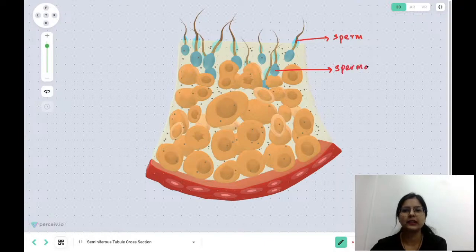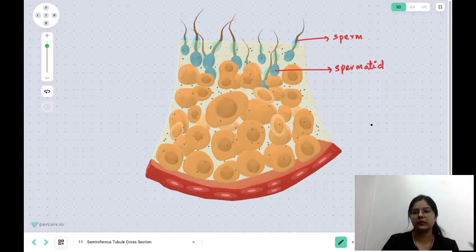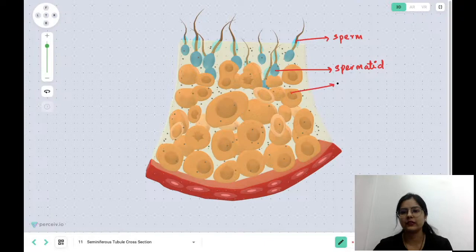These are the various stages, because the formation of sperm happens in sequential steps. The first and foremost thing to note is that the formation of sperm happens entirely in sequential steps, so it has to be kept in mind that it passes through many stages. All right. Then this becomes your secondary spermatocyte.